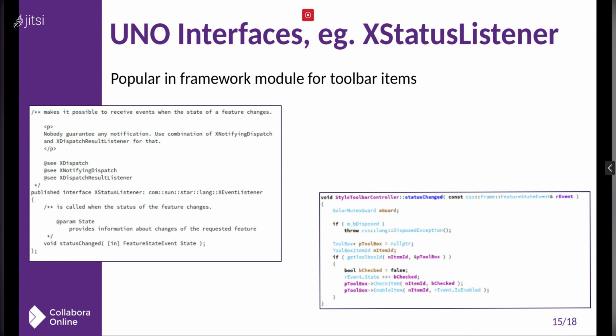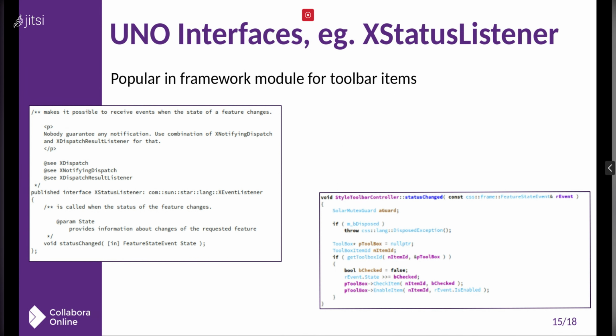Framework module is used in toolbars and I think sidebar too. So if we have some more complex items in toolbars, like buttons with drop down and maybe some additional state visible on that icon, probably we will use that.